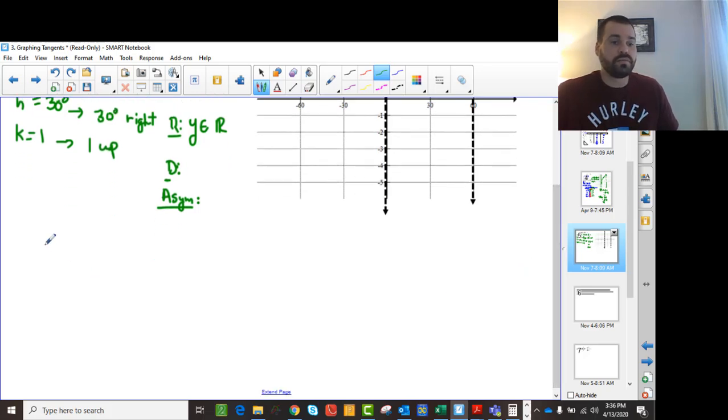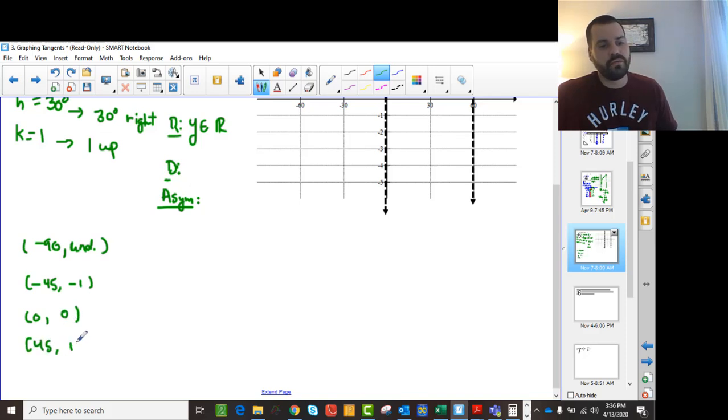So I'm going to just switch them to minus 90 and undefined, and then minus 45 and minus 1. 0 and 0. 45 and 1. And then 90 and undefined again.